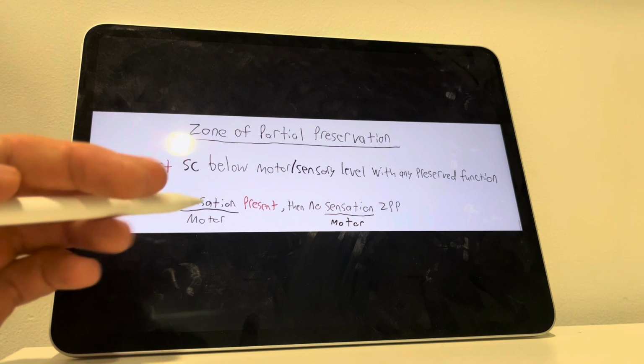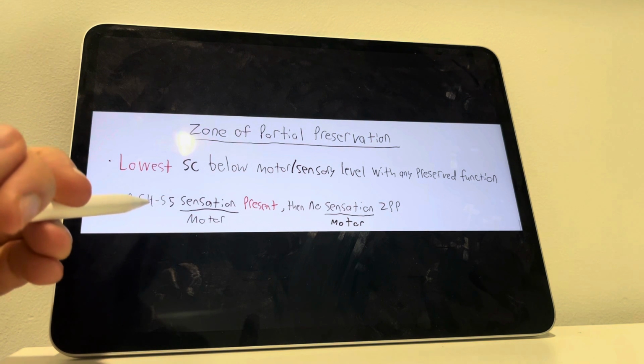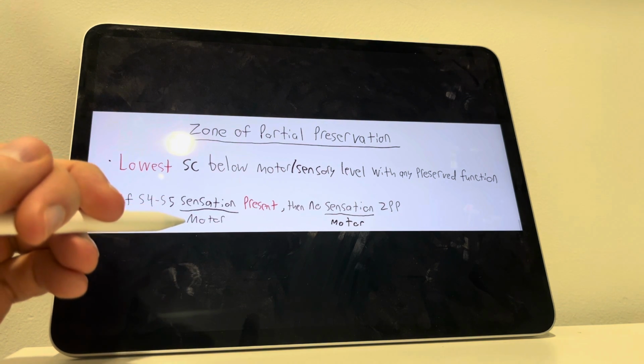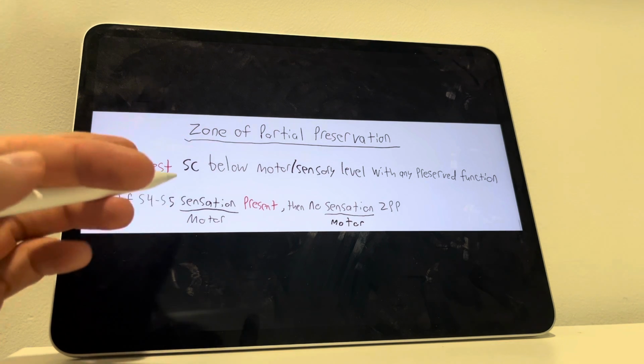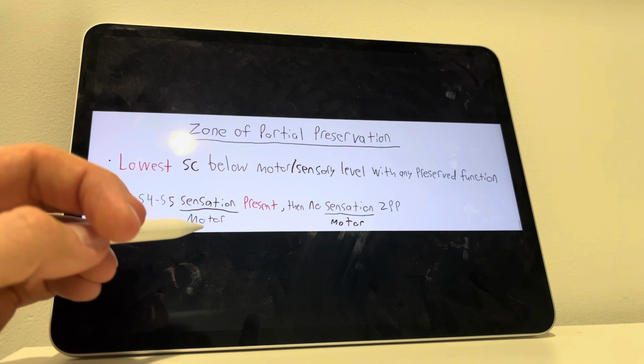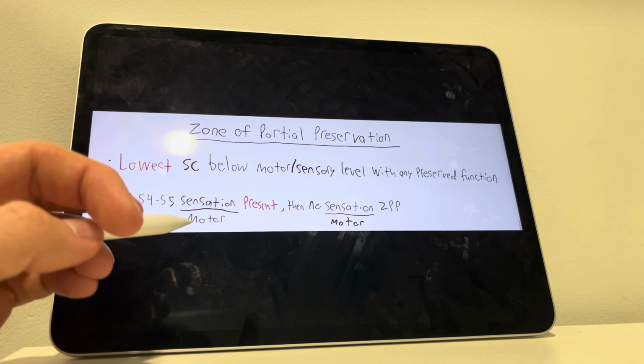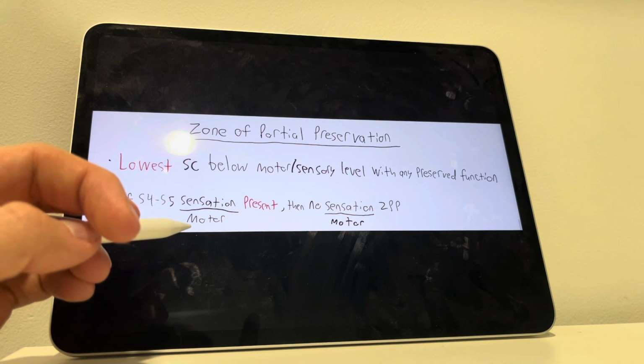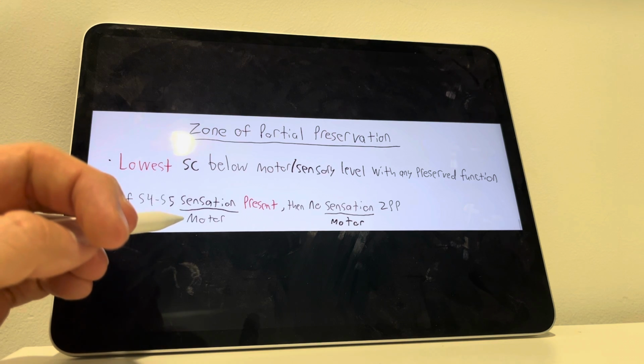So if there's no sensation present at S4 and S5, then there would be no sensory zone of partial preservation. But if there's no motor activity present at S4 and S5, there would be no motor zone of partial preservation either.